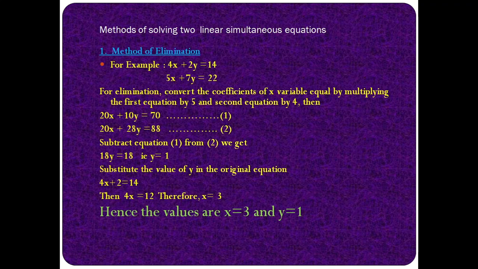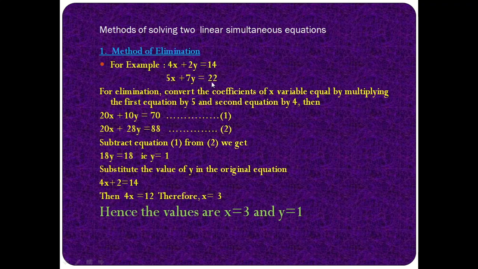So let us do an example. The first equation is 4x plus 2y is equal to 14. The second equation is 5x plus 7y is equal to 22.